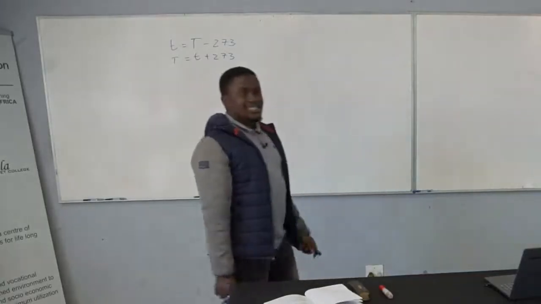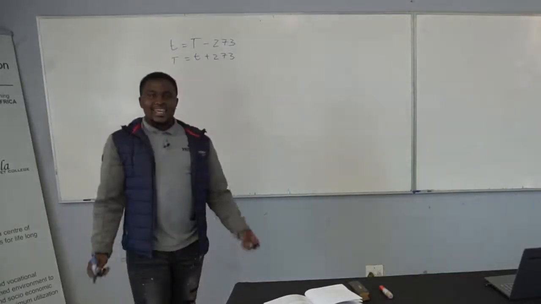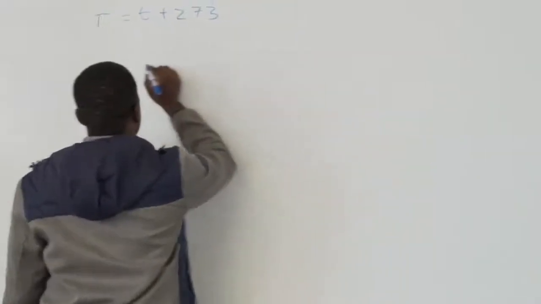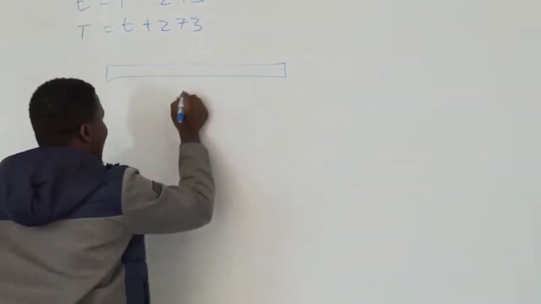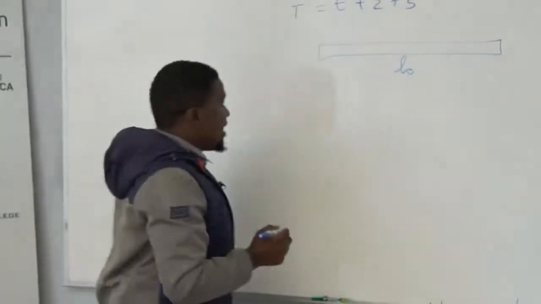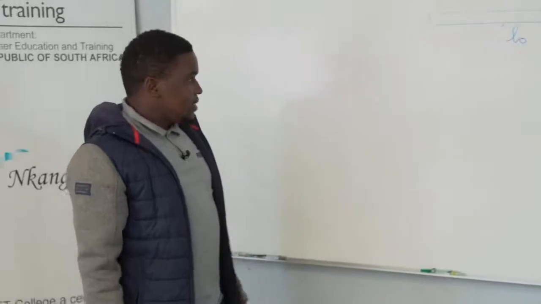This takes us to our main focus of today, where we'll be looking at thermal expansion and specific heat capacity. Under thermal expansion, it is said that suppose we have an aluminum rod with its original length at room temperature L0, and now there is an increase in temperature.